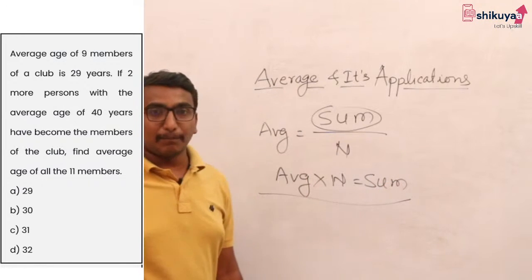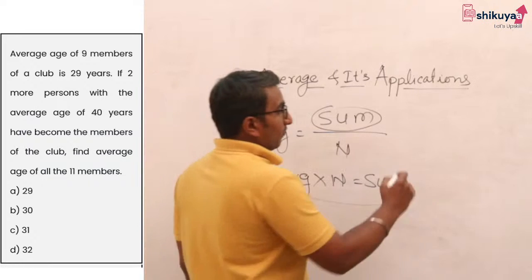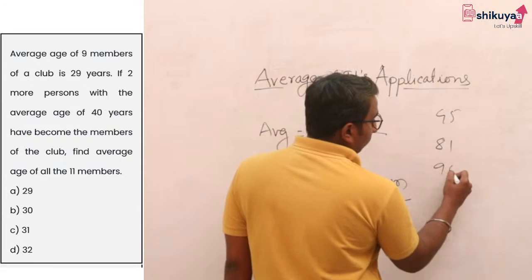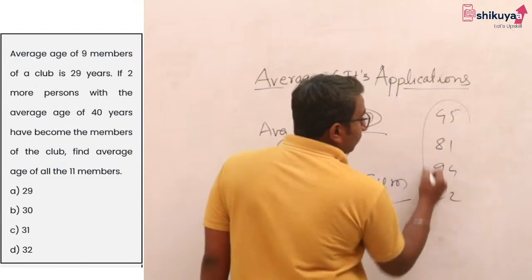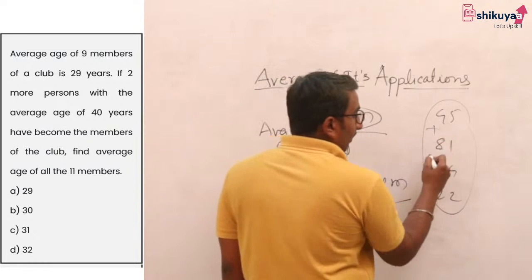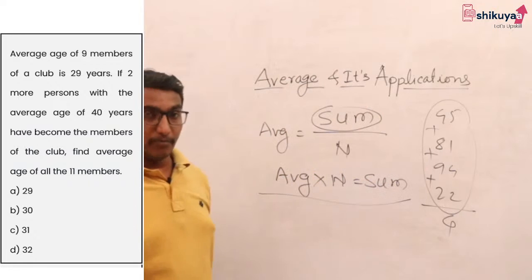With a simple example, I can explain the formula. Suppose there are 4 numbers, 45, 81, 94 and 22. If I am supposed to calculate the average of all these 4 numbers, I will add all of these 4 and divide by 4. So it will give me the average.